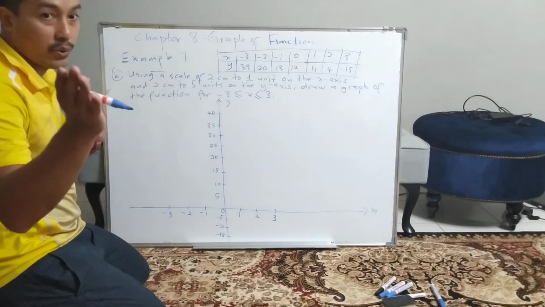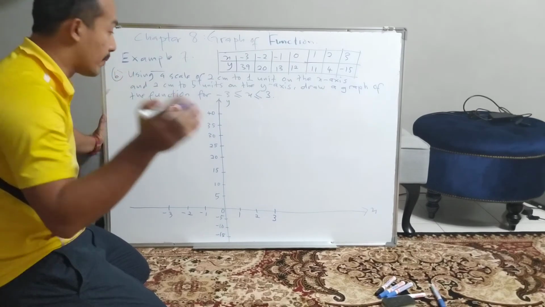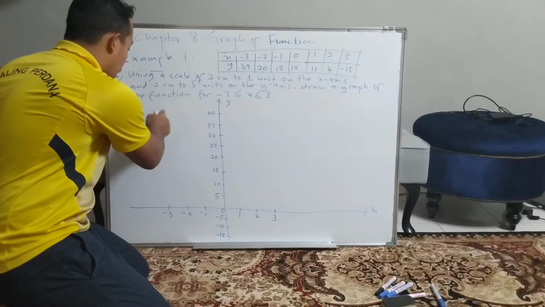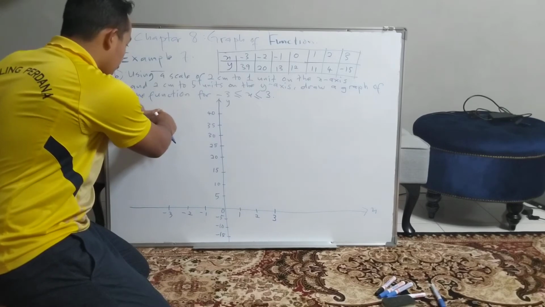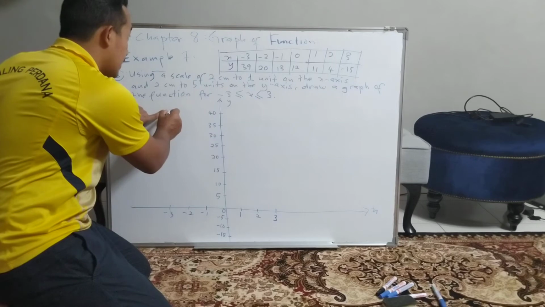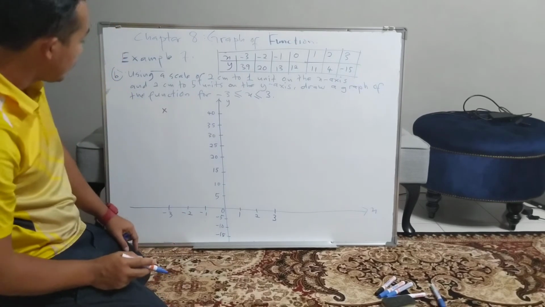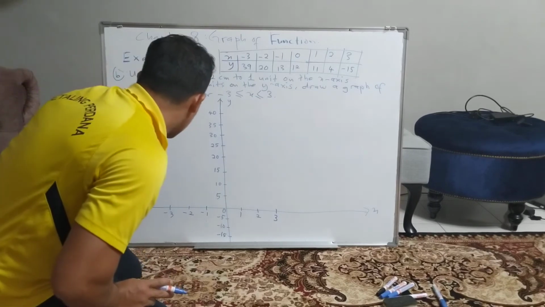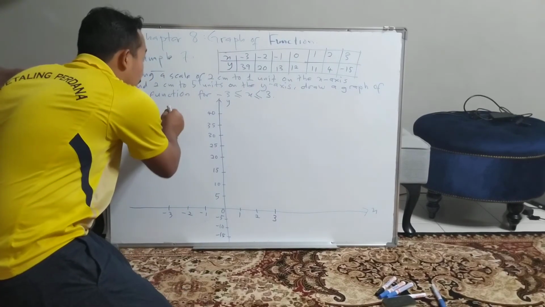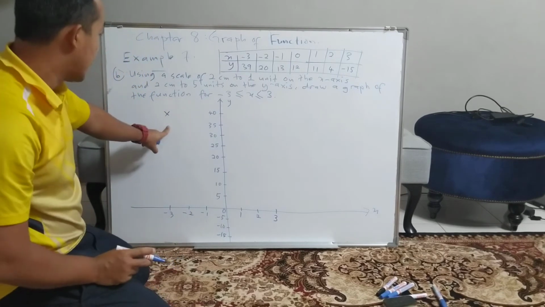Please refer to the graph that you drew on the graph paper. This one I estimate here at 39. So this one is -3, 39, and you plot it here.